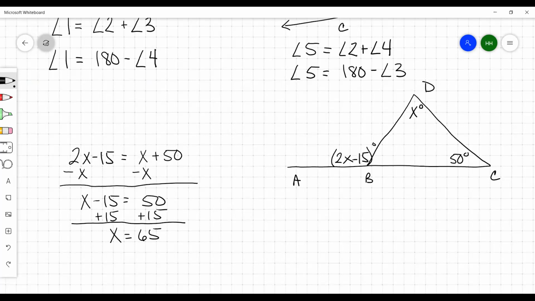If x is equal to 65, then angle ABD is going to be equal to 2 times 65 minus 15, which is 115 degrees.